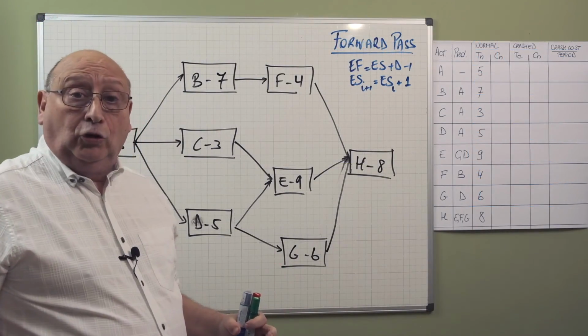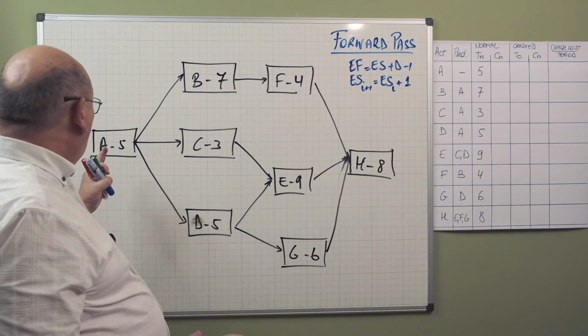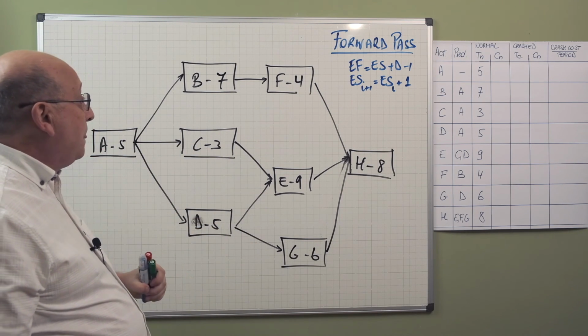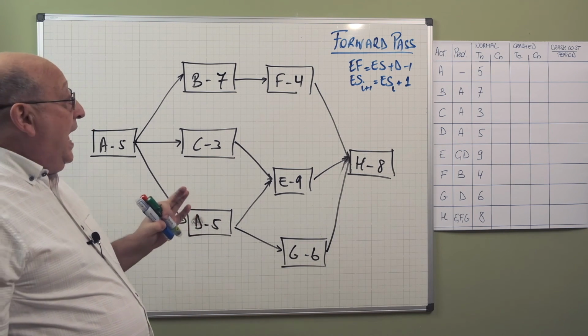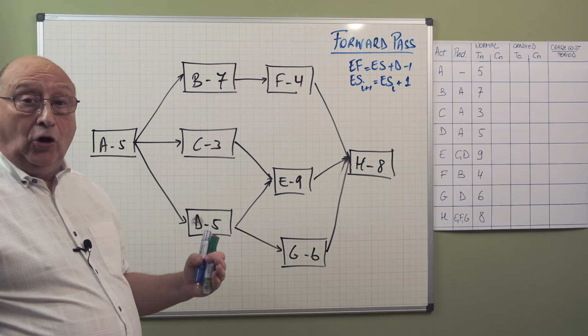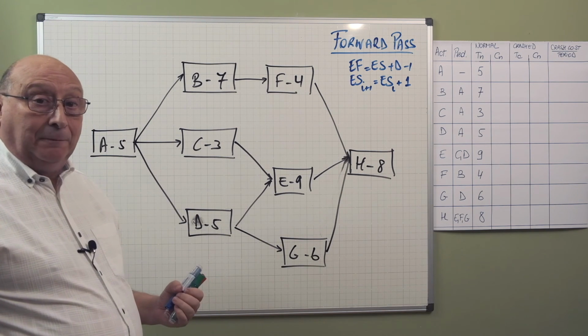The first thing we do is the forward pass, in which we calculate the start and finish times from left to right. Now we have to look at some formulas that we are going to use. The early finish of an activity is equal to its early start plus the duration minus 1.